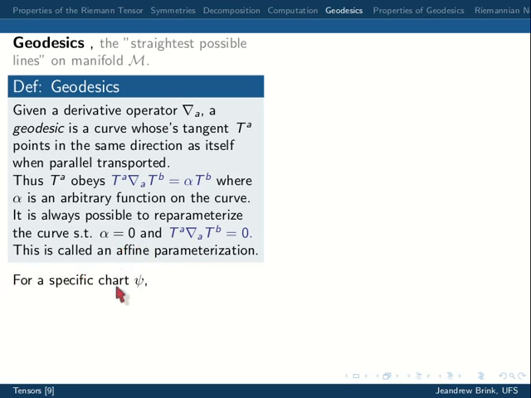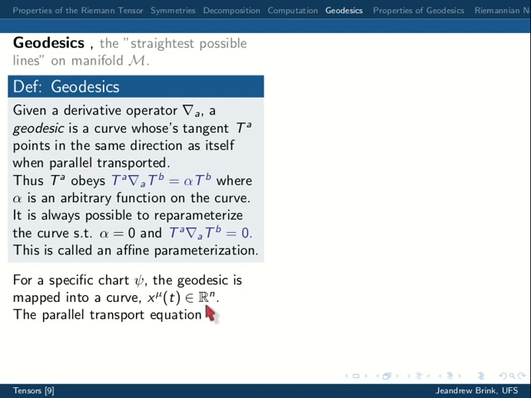So for a specific chart psi, the geodesic is mapped to a curve in R^n, and the parallel transport equation basically implies that the components of this curve satisfy this differential equation. I've literally written out this parallel transport equation in the affine case, and that is simply here.